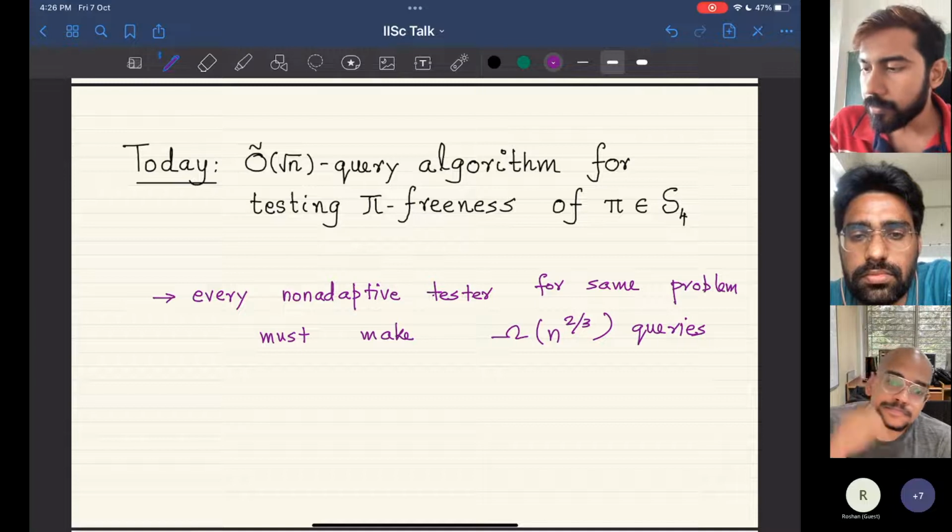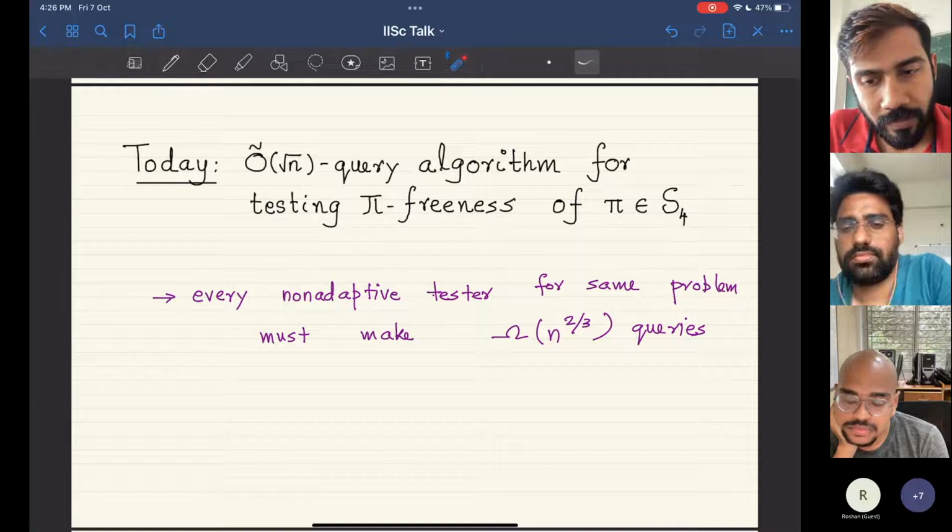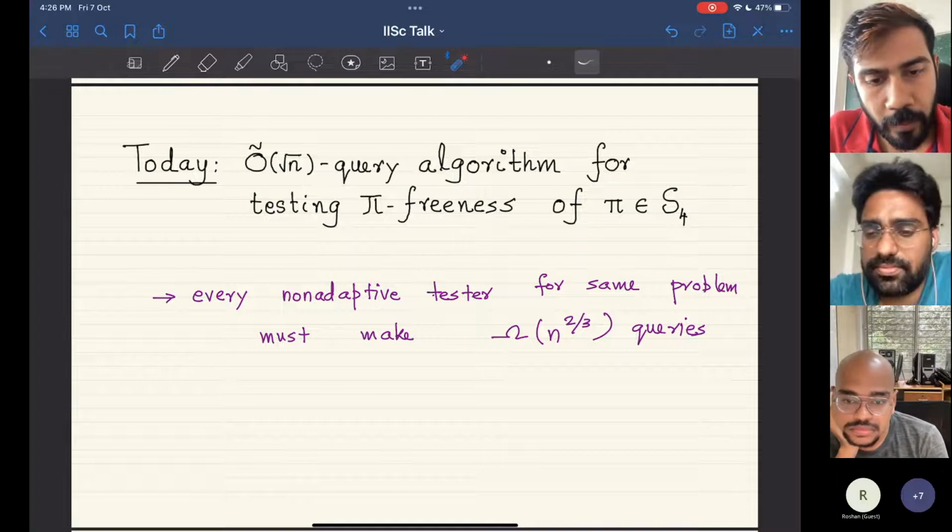So even for the special case, our result is an improvement over the lower bound.